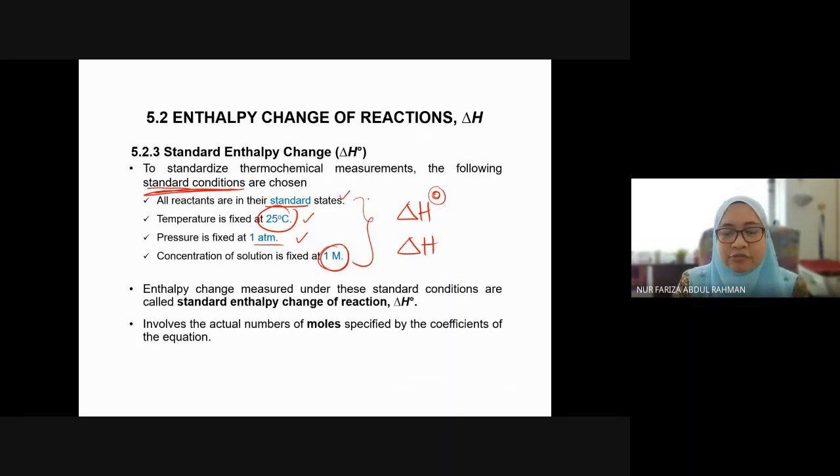Okay, alright. In order to be called standard, the standard conditions must be obeyed. Enthalpy change measured under these standard conditions is called standard enthalpy change of reaction, which has the addition of the not on the delta H. So this involves the actual numbers of moles specified by the coefficients of the equation.